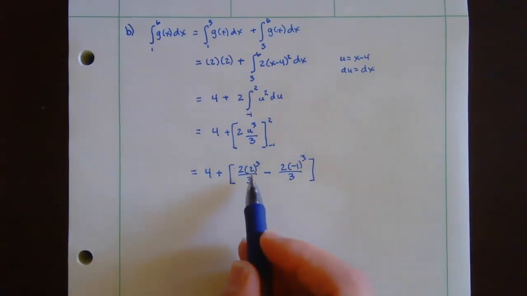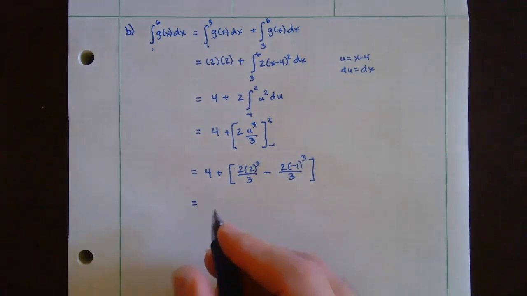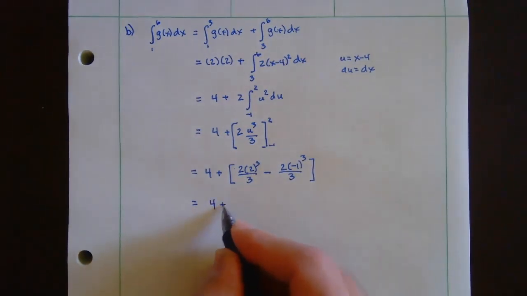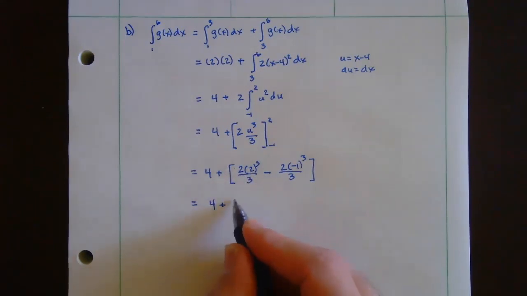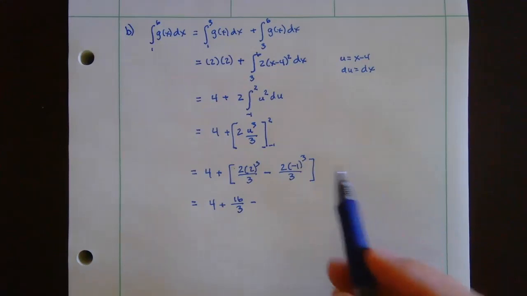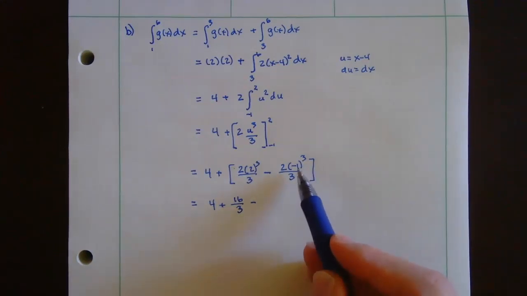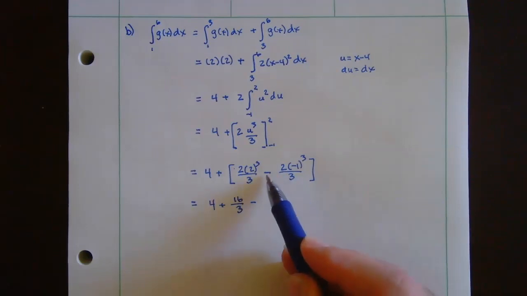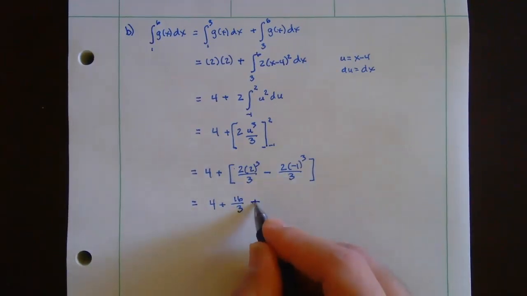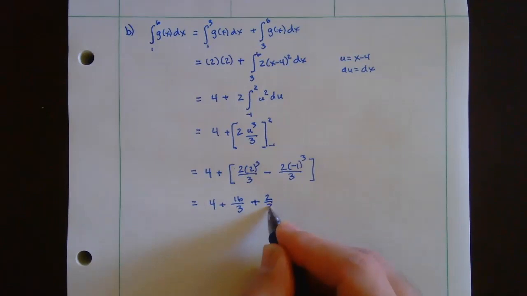All right, so then this becomes 4 plus 8 times 2, which is 16, so 16 thirds, and then minus, I really don't need the brackets now. This is going to be -1 times 2, so -2, but I'm subtracting, so it's actually going to now become plus 2 thirds.